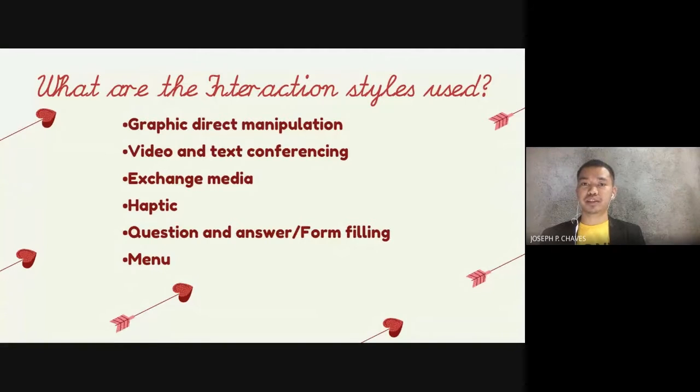Thank you, Mr. Yu, for the introduction. For my part, I will discuss the interaction styles that were integrated in our system. Namely, we have graphic direct manipulation, video and text conferencing, media exchange, haptic, question and answer, form filling, and menu.